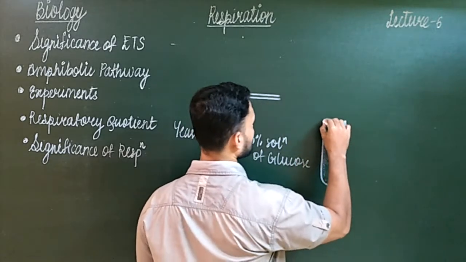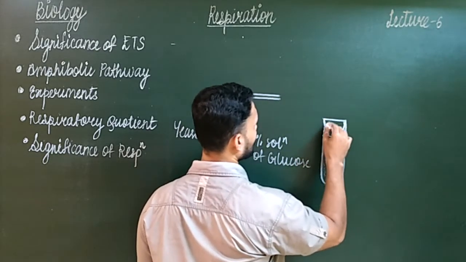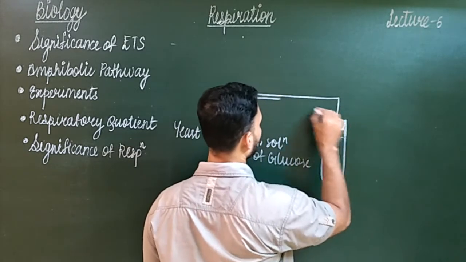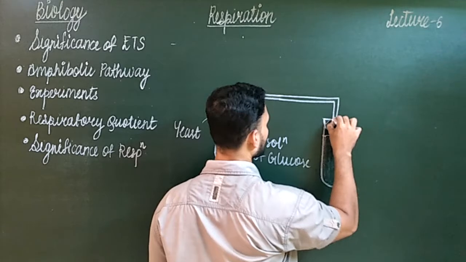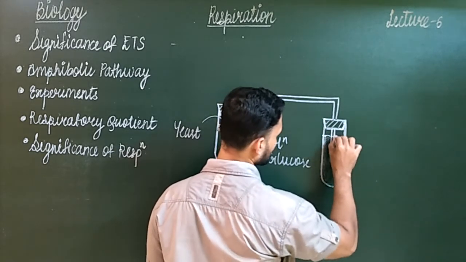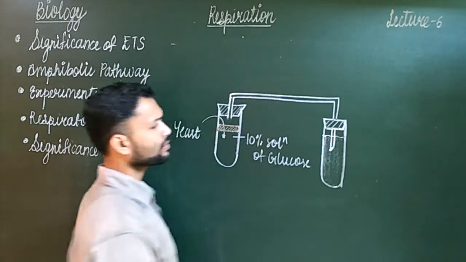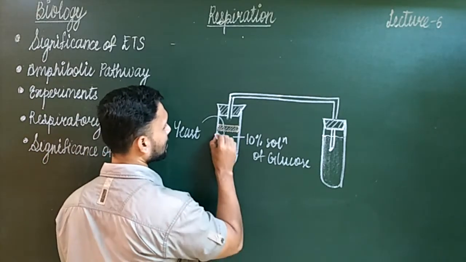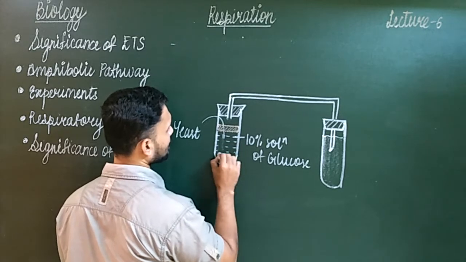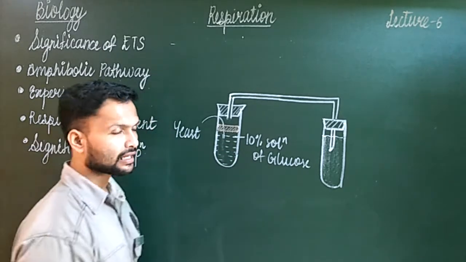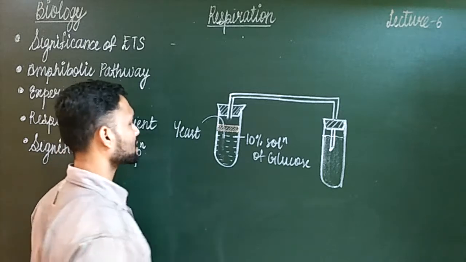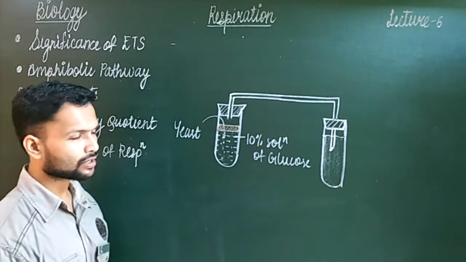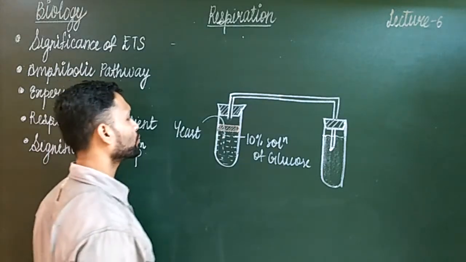And then we'll connect, this is also tightly fitted with a rubber cork, and this is connected to this one, and this is dipped into this. So make sure this tube is dipped inside test tube B. So this is test tube A, okay, which is filled with water, and in that 10% glucose is added, and also yeast, a unicellular fungus, is added over there, so that glucose serves as food for it.